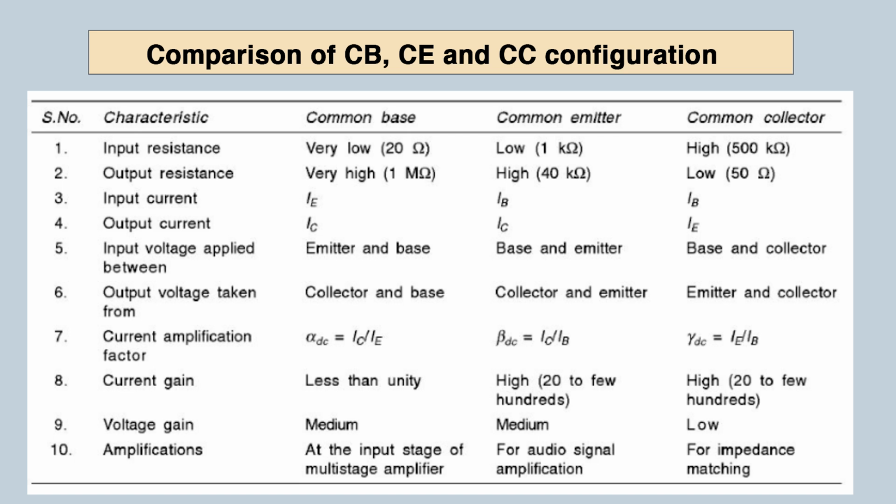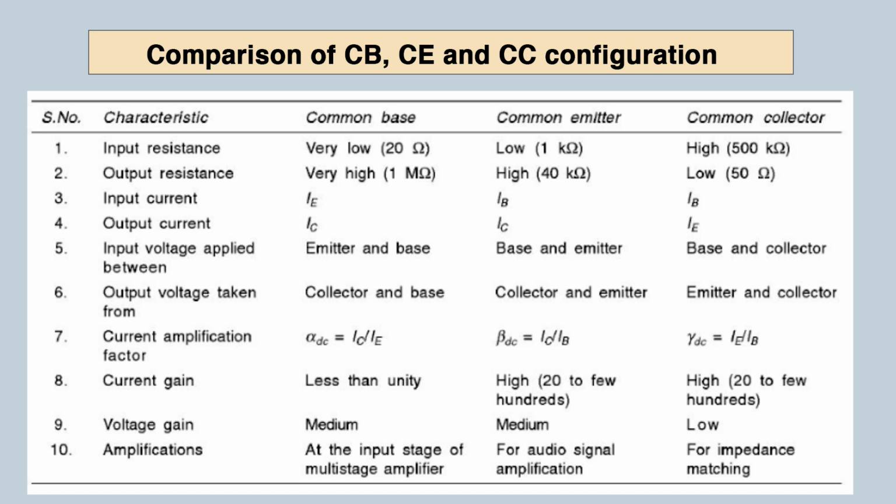Depending upon the output resistance, the common base configuration has very high output resistance. So let us look at the output resistance characteristics. Here the common base configuration has the highest value, then comes the common emitter followed by the common collector.